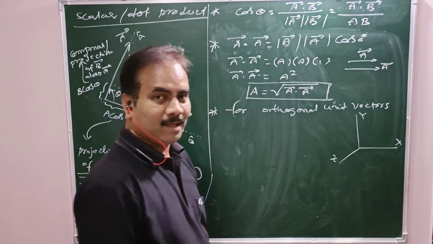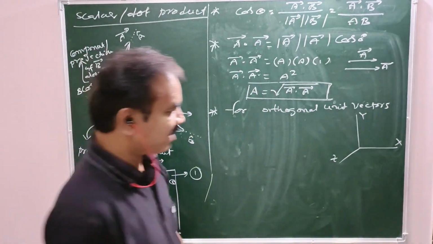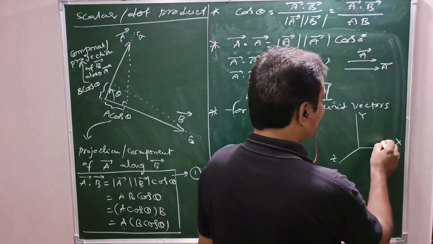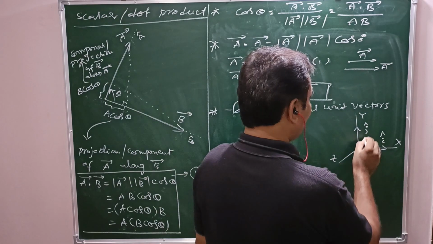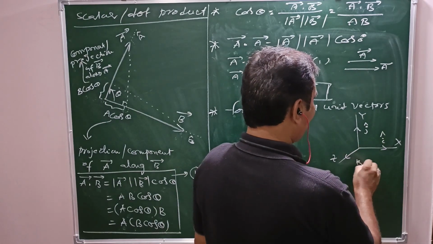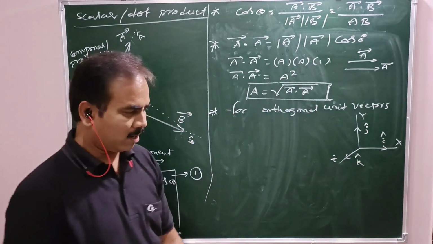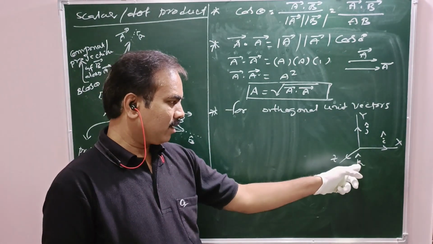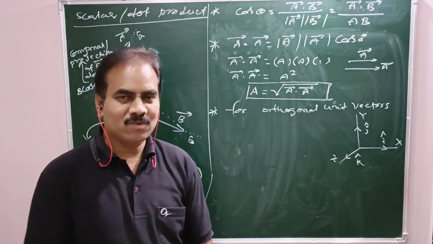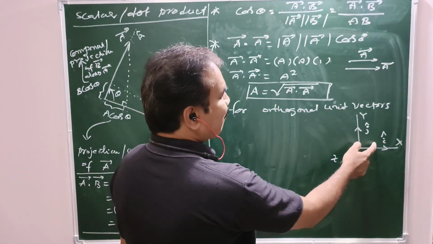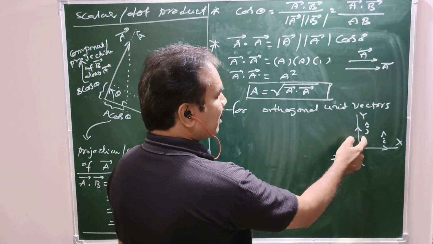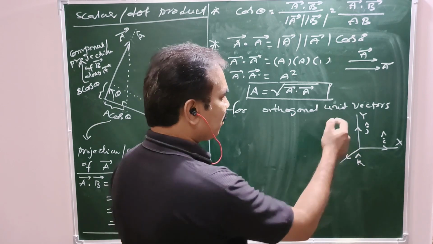Now assign the unit vectors in respect to directions. Along x, that is i cap, along y, that is j cap, along z, that is k cap. These are the unit vectors. Orthogonal. Why? Because all the three i cap, j cap, k cap are mutually perpendicular. Means i cap perpendicular to j cap, which is perpendicular to k cap.